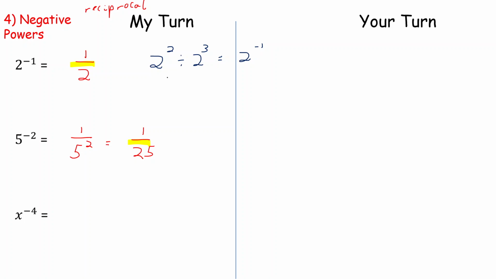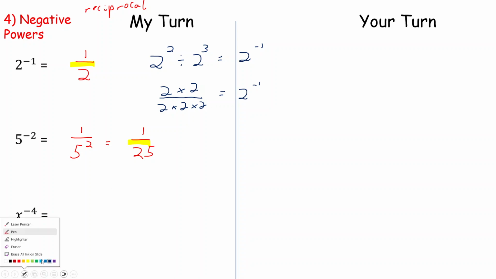But now let's consider this bit in long form. 2 squared means we're doing 2 times 2, and we're dividing by 2 cubed, which is 2 times 2 times 2. And we know that that is equal to 2 to the power of negative 1. Using a little bit of cancellation, we can say this 2 cancels with this 2, this 2 cancels with this 2, and we've just got this 2 left on the bottom.